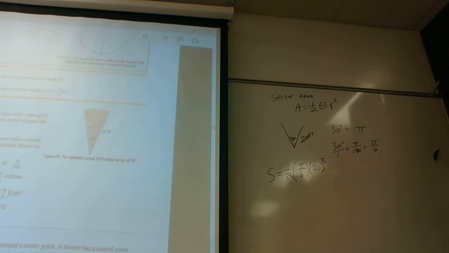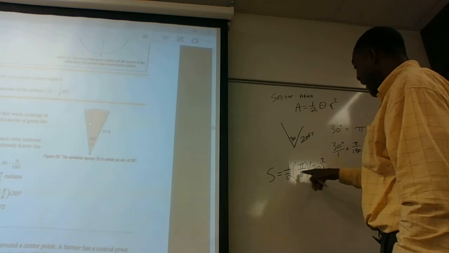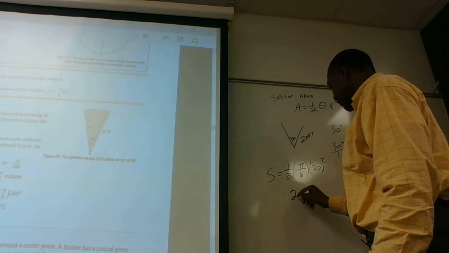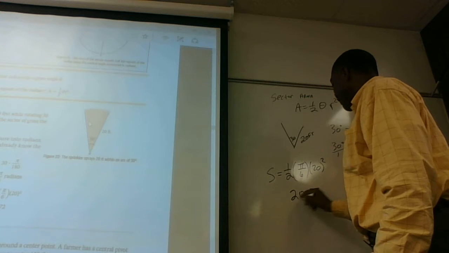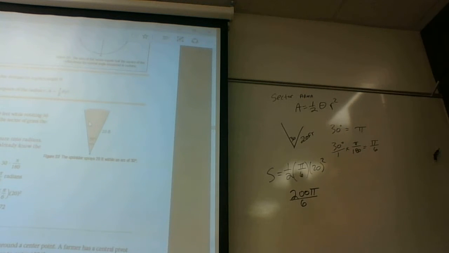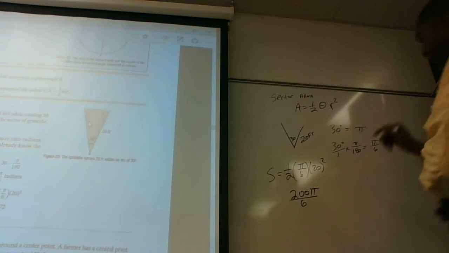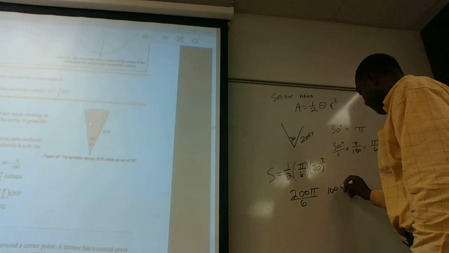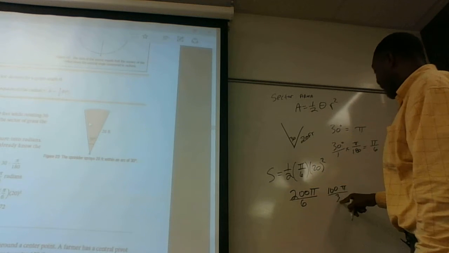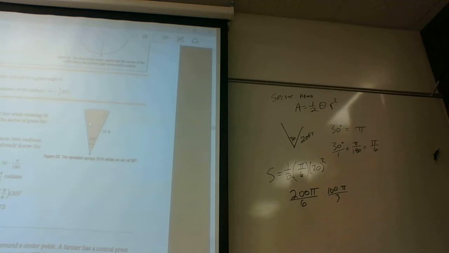Order of operations says parentheses then exponent, so you take 20 squared, that's 400. Half of 400 is 200. So you have 200 pi over 6, which 2 can go into, so that's 100 pi over 3. Take your calculator, and it's going to be in the area of 100 and some left over.